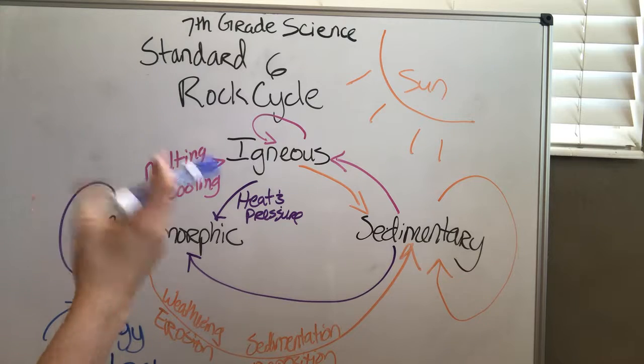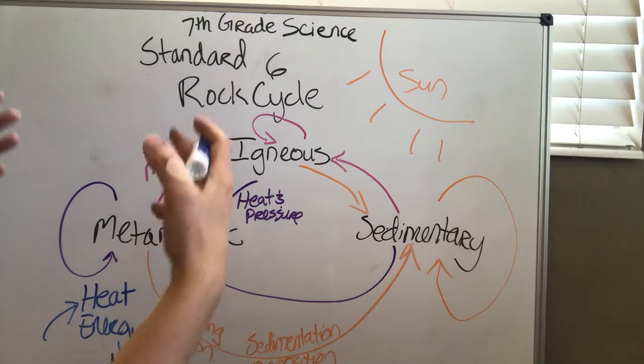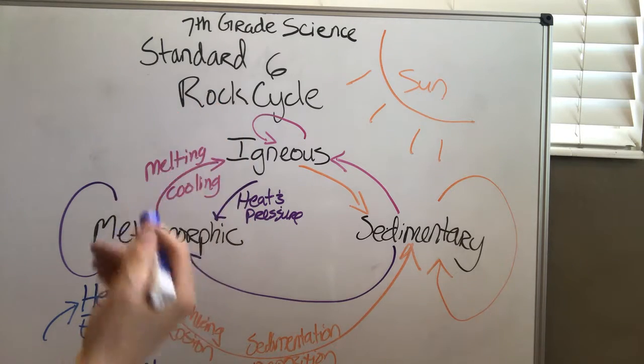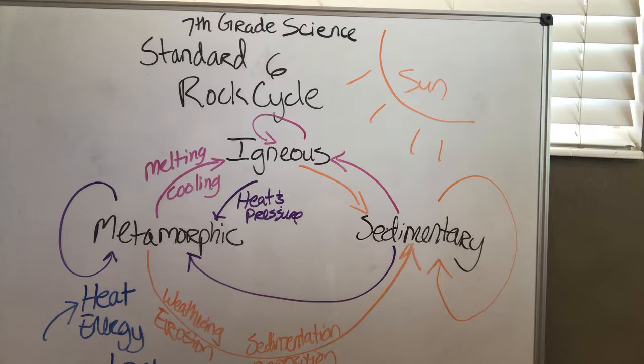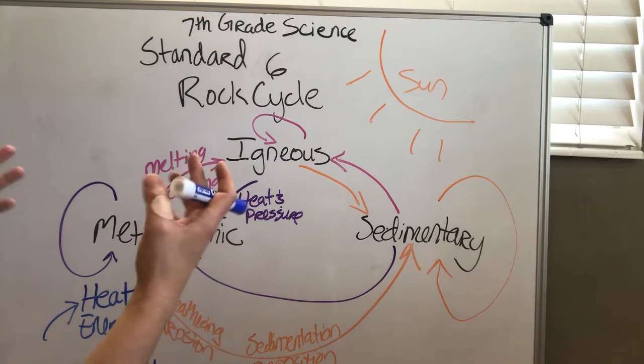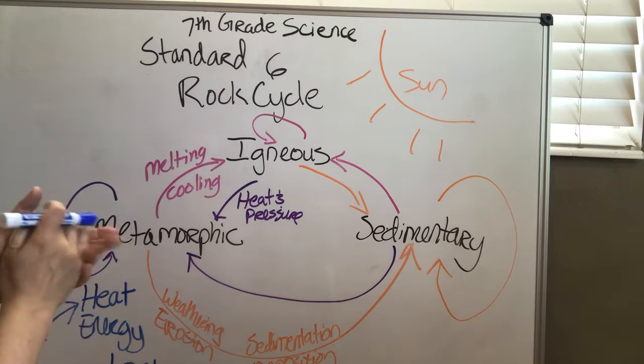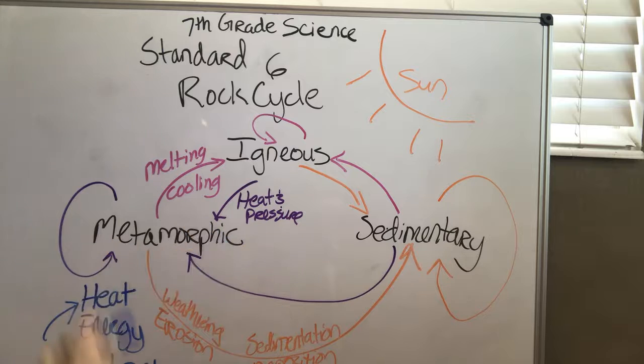Sometimes it cools inside of a volcano, and that's called intrusive igneous rock. And then when it cools outside of a volcano, it's called extrusive igneous rock. And we also know that magma is what it's called when it is inside of a volcano, and then lava is what it's called outside of a volcano.